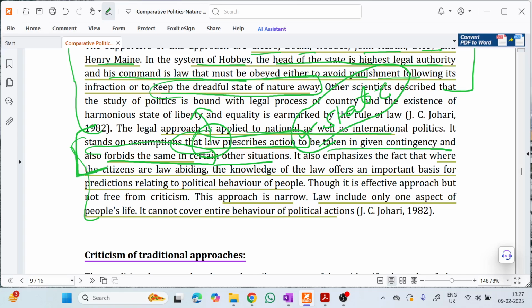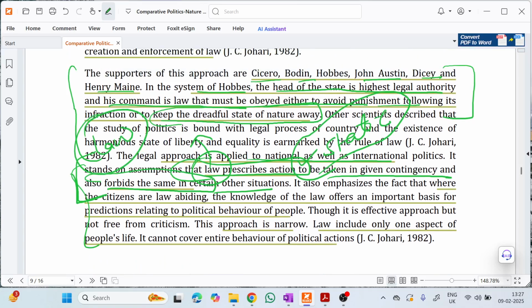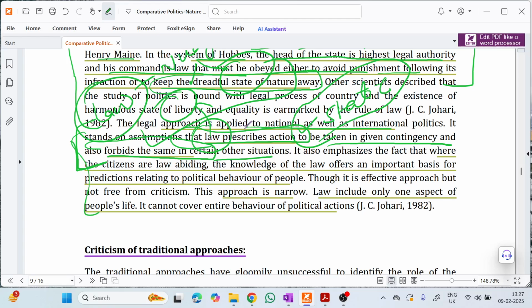This means that law is a kind of nudge that compels people to act in certain conditions and prohibits them in another.